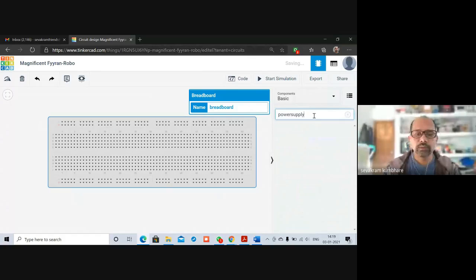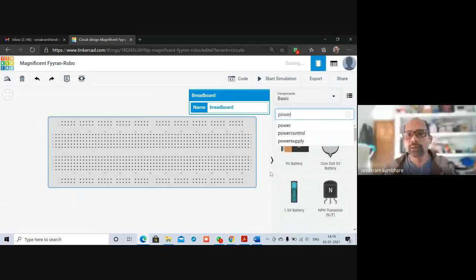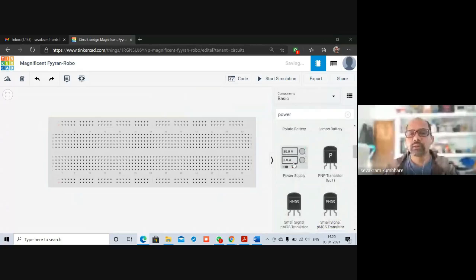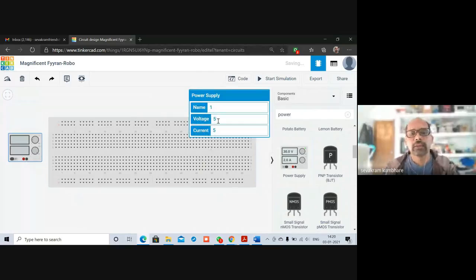Let me search power. Okay, power supply is here. I'll bring it to this point and keep it over here. So this is our power supply, which will have a 5-volt power supply. I'll keep it 5-volt, 5 ampere.